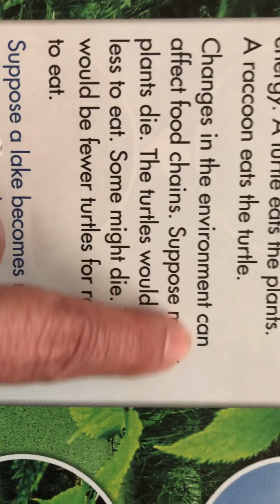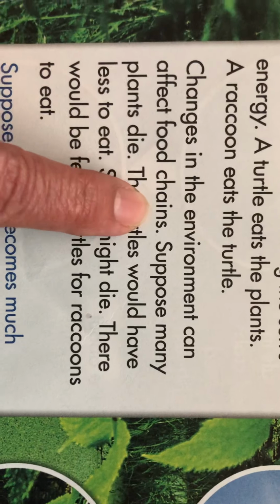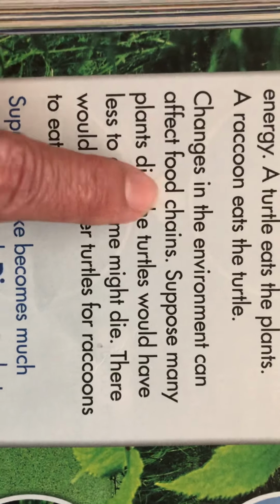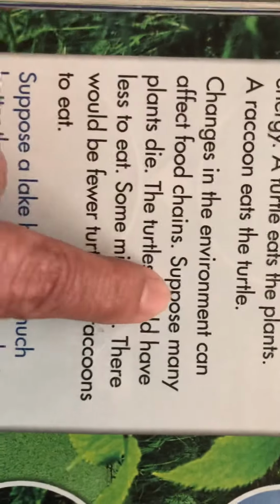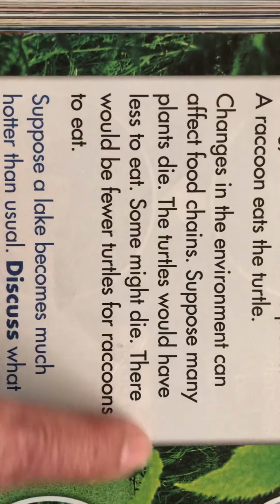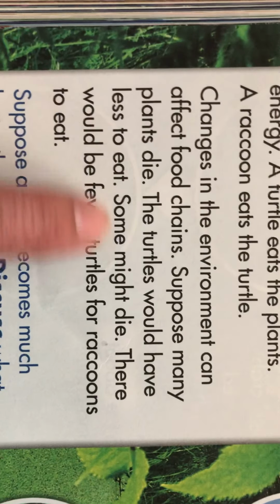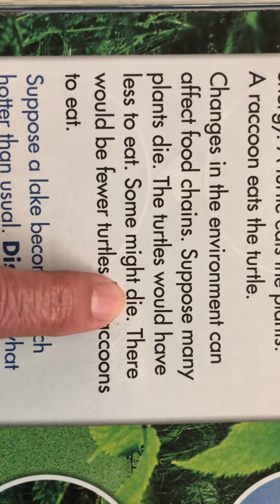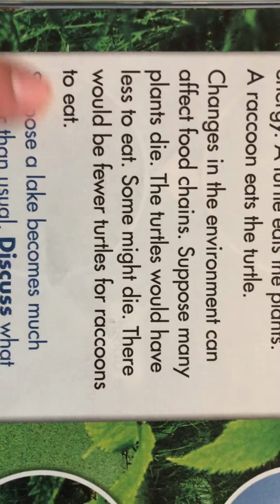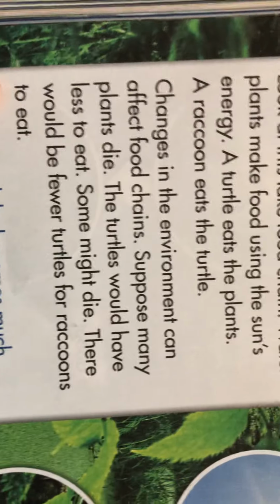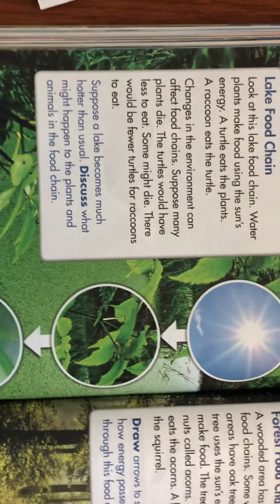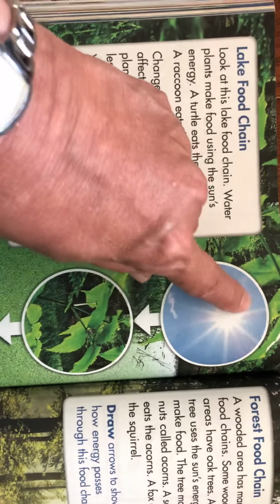Changes in the environment can affect food chains. That means if something changes where these animals live, then the food changes. Suppose many plants die. The turtles would have less to eat. Some might even die. There would be fewer turtles for raccoons to eat. So if there's something in the chain that's missing, some animals might not live. So here we have the sun.